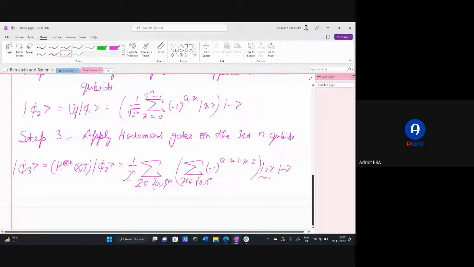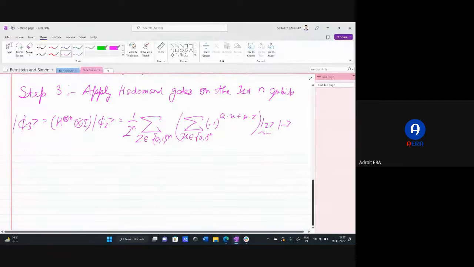How will it increase? Once the amplitude of ket z increases, then only we will get to know that, yes, z is equal to a, and then z not equal to a. So there are two cases now, very similar to Deutsch Jozsa, but in that case we were having constant or balanced. It was a general case, this is a special case. So please note down now step 4.